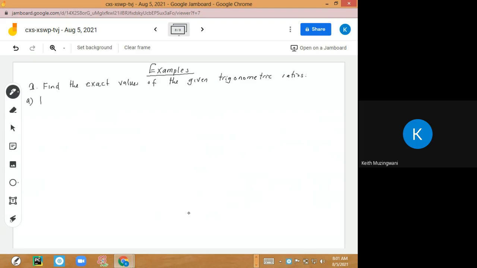A, what is the value of tan negative pi over 6?